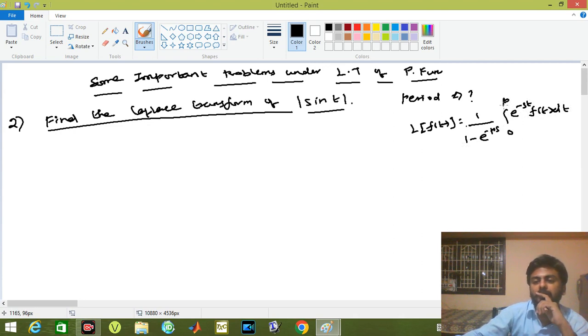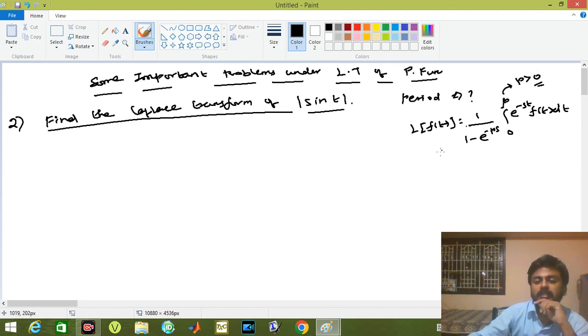Here p is the period, such that p should be greater than 0. This condition is according to the definition of a periodic function.